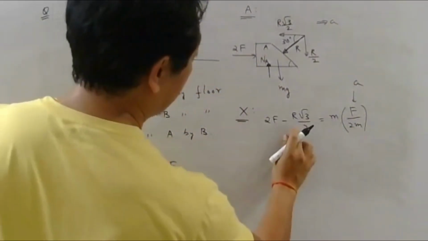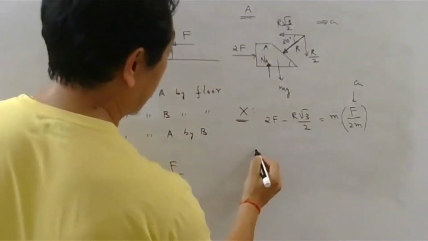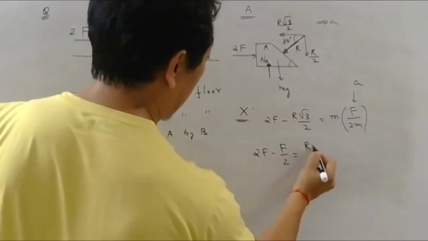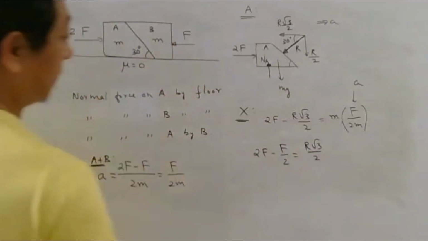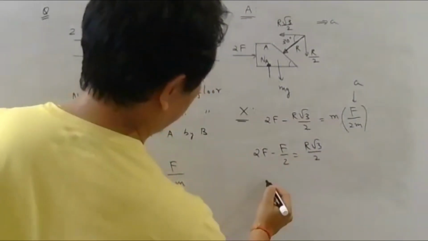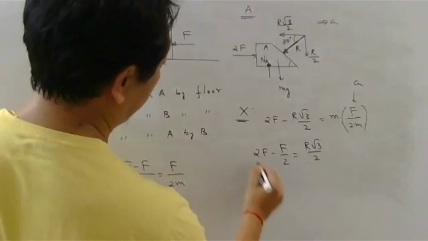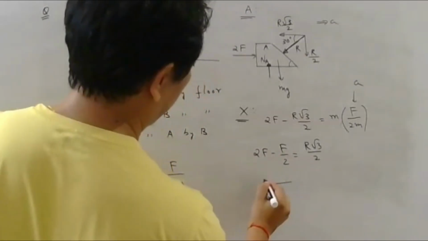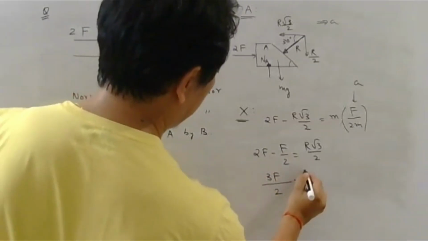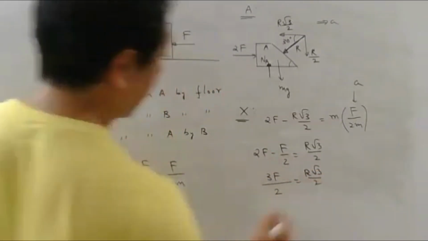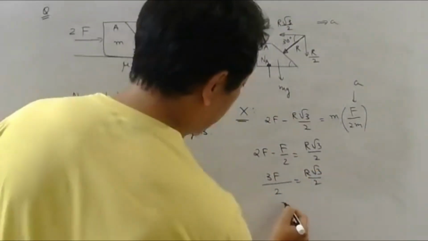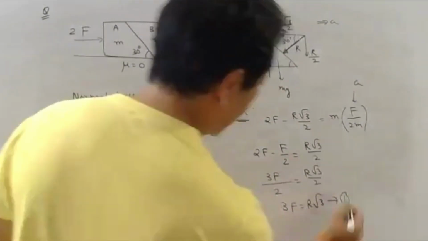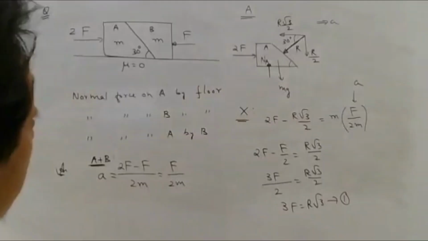So this you can take here, this you can bring here. So 2F minus F by 2 will be R root 3 by 2. Let me take LCM. 4F minus F, 3F is equal to R root 3 by 2. 2 cancels, so 3F is equal to R root 3. You need one more equation to solve.